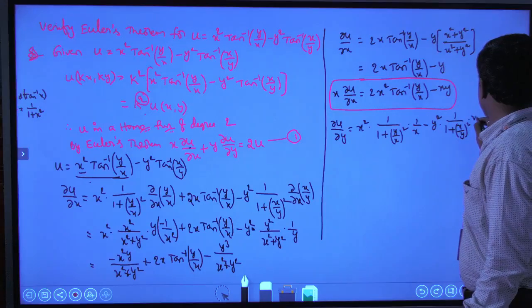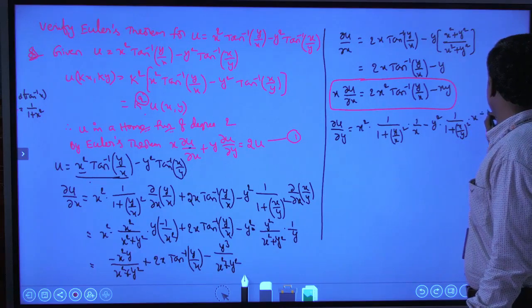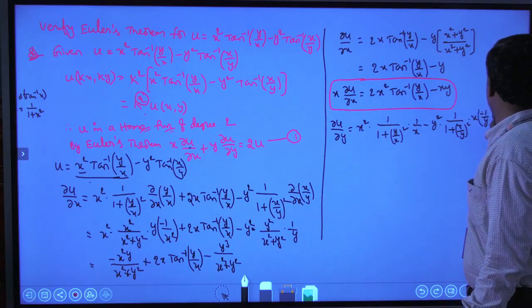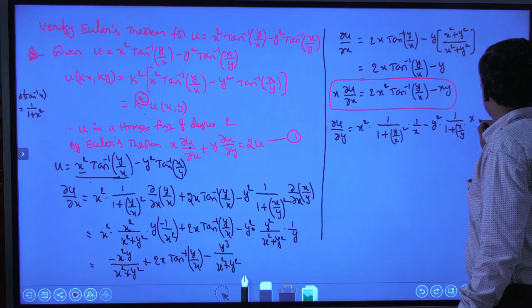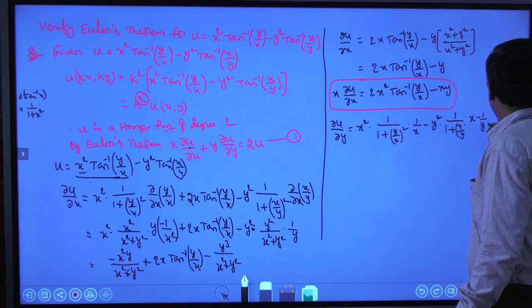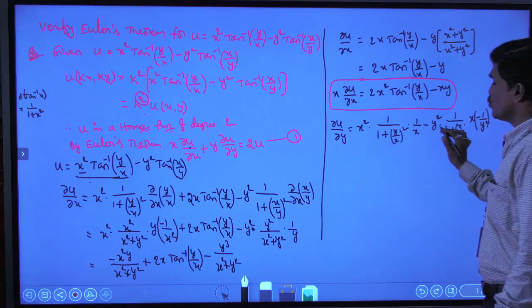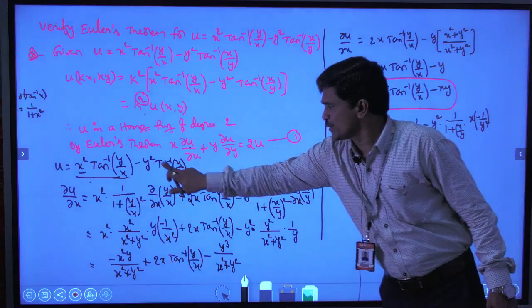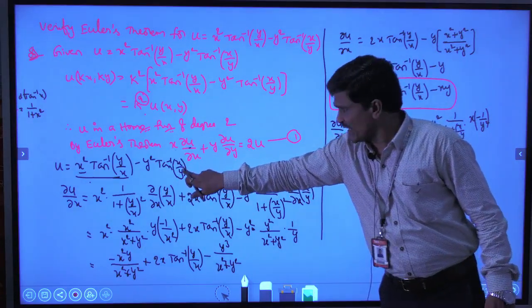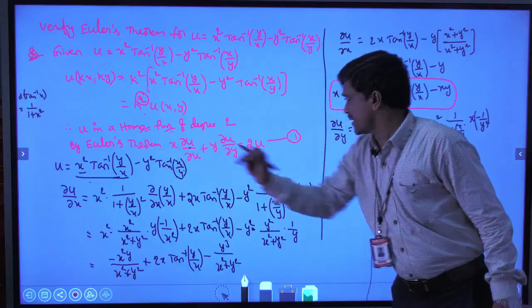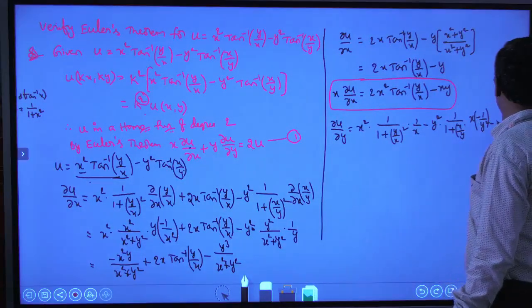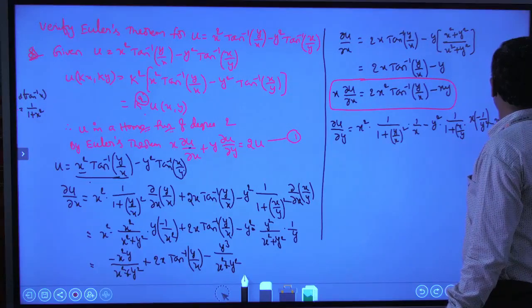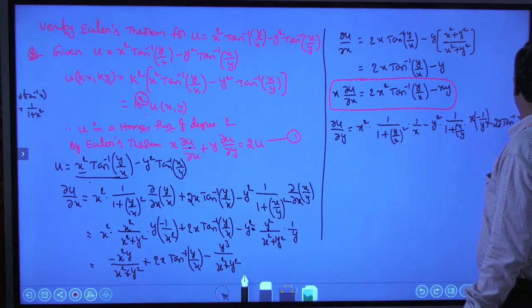So x constant, 1 by y derivative is minus 1 by y square, right? So x into minus 1 by y square, u v dash, so u into v dash plus v u dash. Now here minus, then again we get a minus, so y square derivative 2y tan inverse x by y, right?